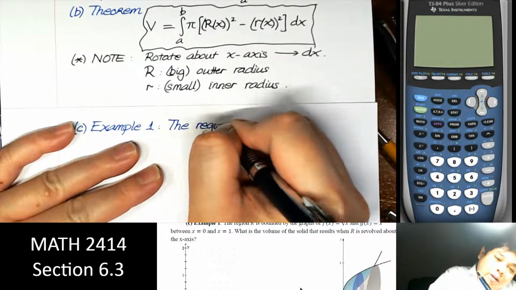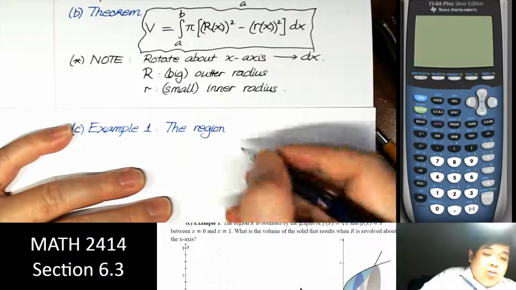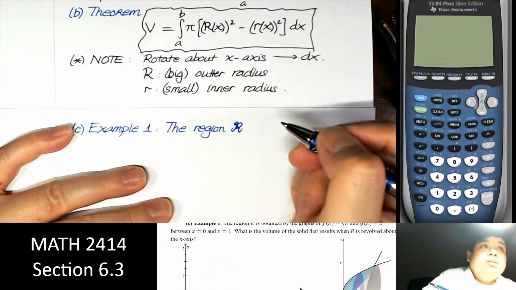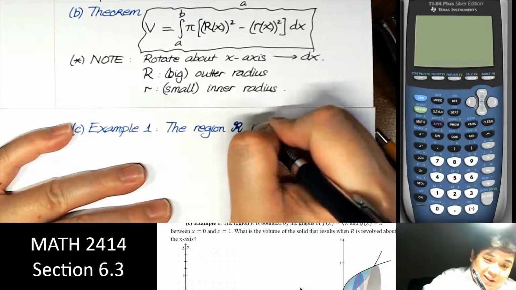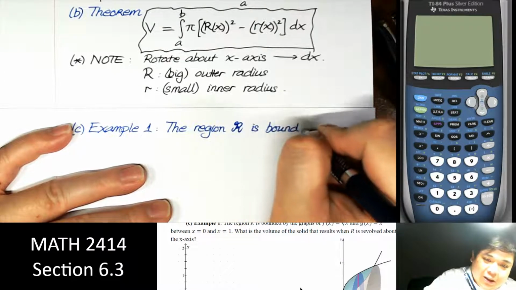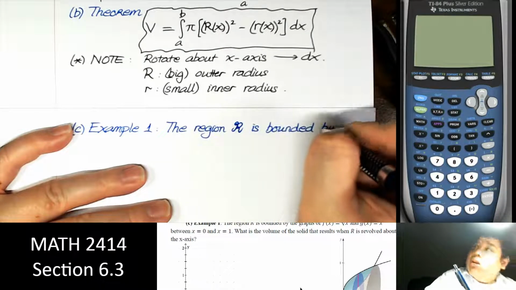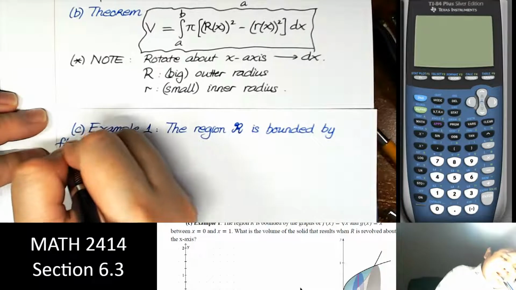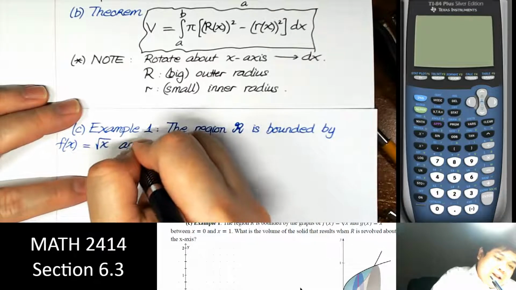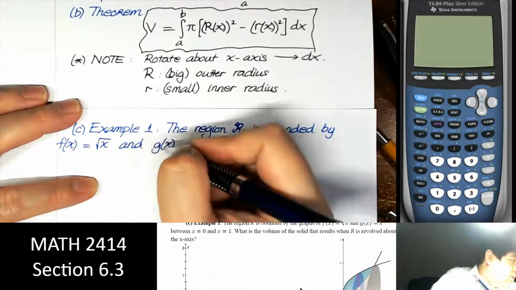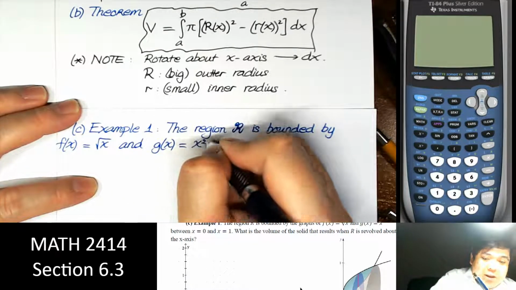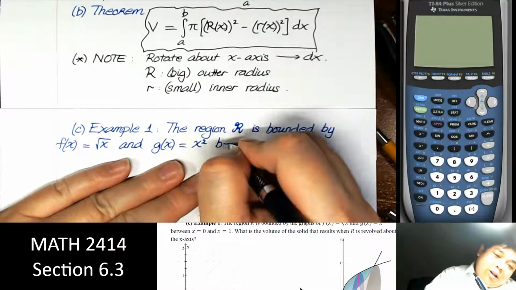The region R. Now for the region R, I'm going to write the script R. It is bounded by f of x equal to square root of x, and g of x equal to x squared, between 0 and 1.